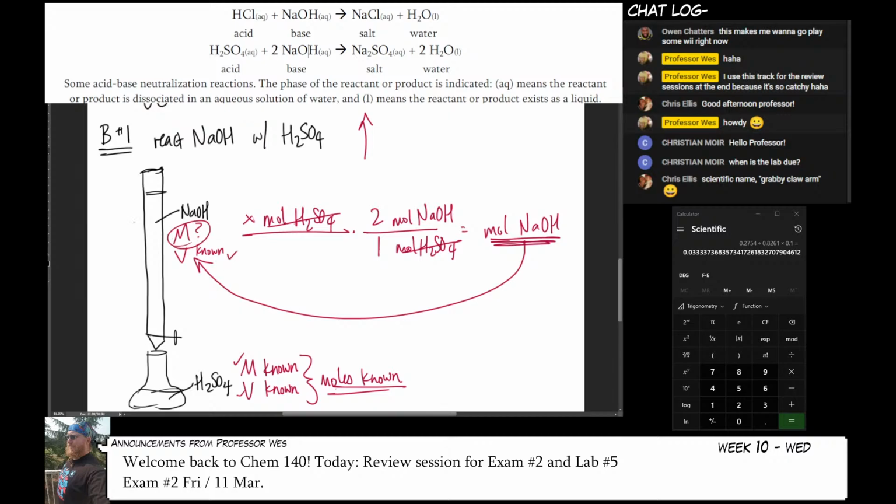The volume is known because when you do the reaction, this will drain down and you will get the volume of sodium hydroxide this way. So that number is going to be in a data table. If you know the volume of sodium hydroxide and you know how many moles it is, you could say moles divided by volume equals molarity. And then you can solve for the molarity of the sodium hydroxide.